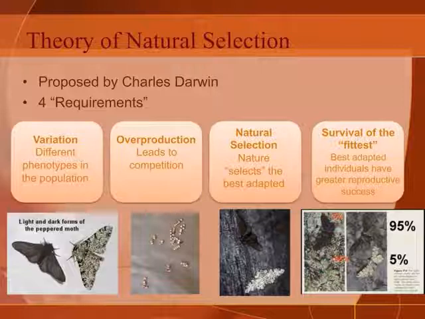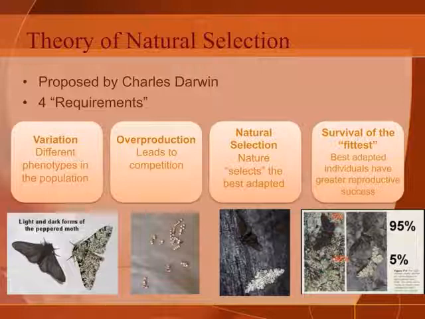The last requirement for natural selection is survival of the fittest. This is actually better described as survival of the best adapted individuals because they have better reproductive success. So let's look at the last picture.